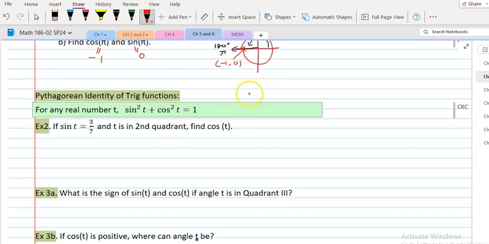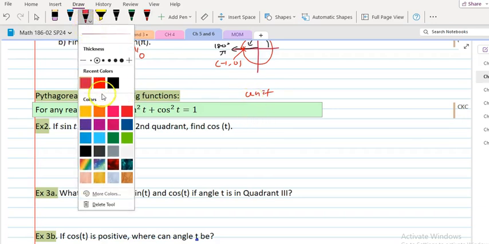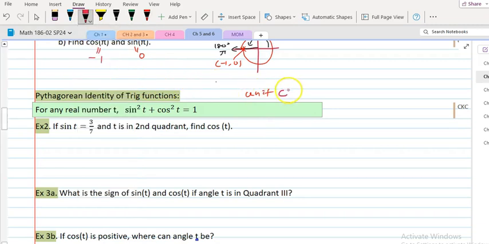Because this is actually the unit circle's equation. The unit circle equation is x squared plus y squared equal to 1, right? But x is cosine t.